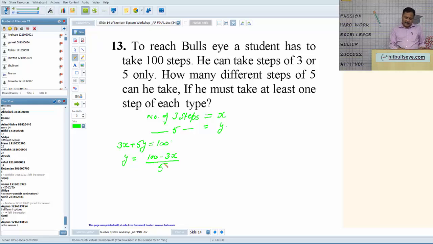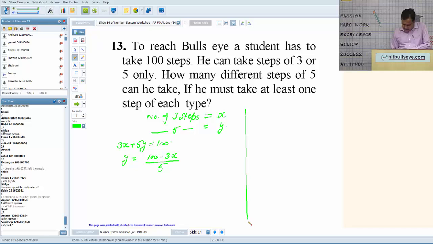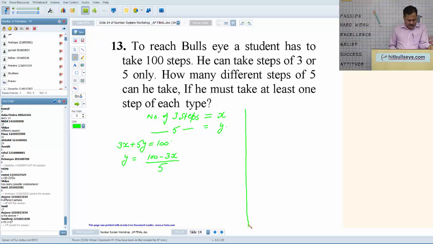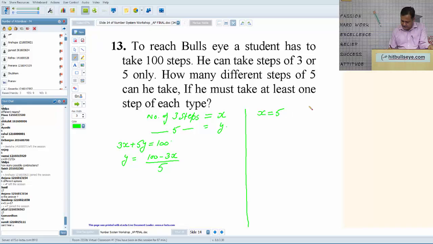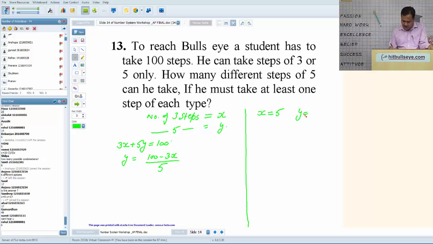Now 100 is divisible by 5, so we have to choose values of x such that (100 minus 3x) divided by 5 gives an integer. By hit and trial, if x is 5, then y would be (100 minus 15) by 5, which is 17.